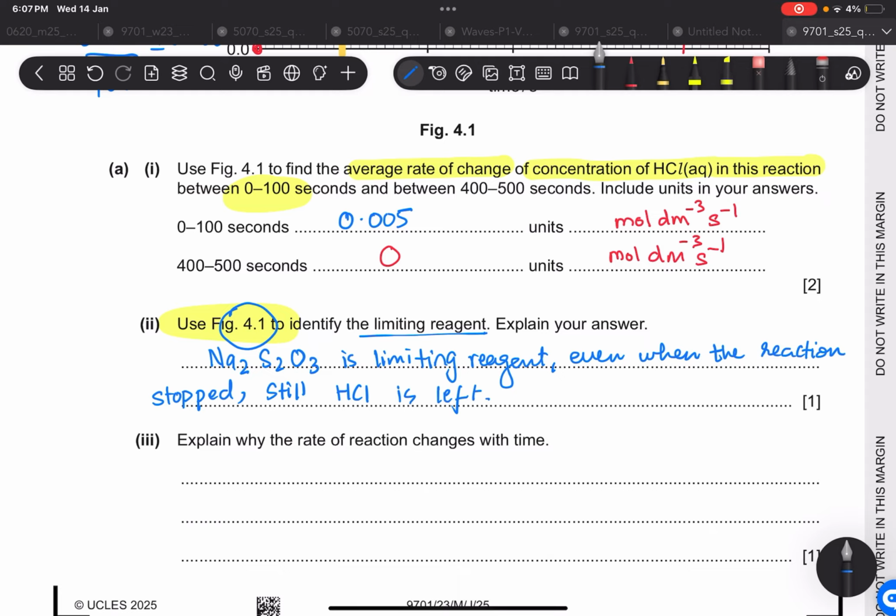Okay? That's how I know. You can also tell about the concentration that's left.